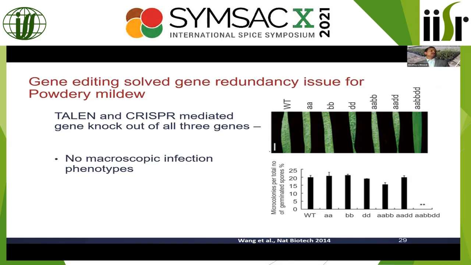This work was done in China, and they tried to knock out individual genes, AA, BB, DD, ABB, ADD, and all 3. And when all 3 were knocked out, only then did they get a very high level of resistance. And we have also, as you can see here, almost no infection.